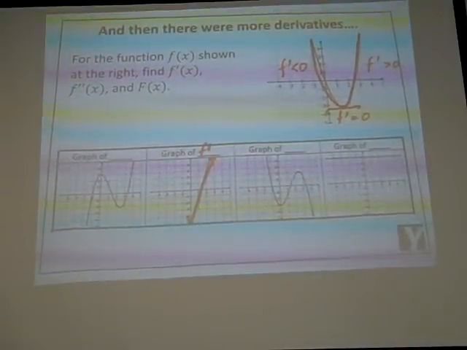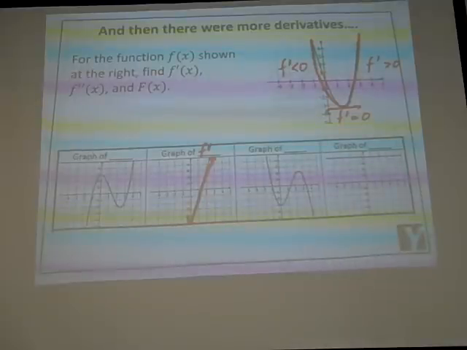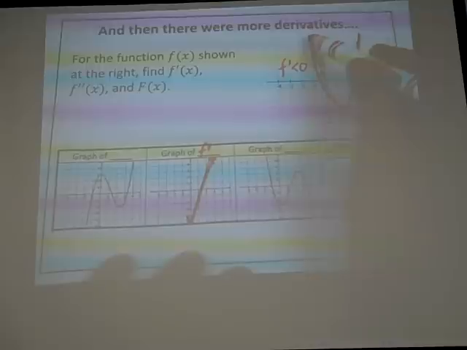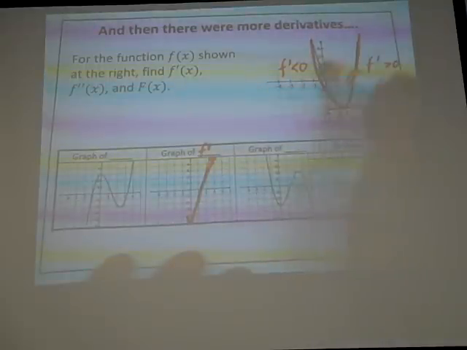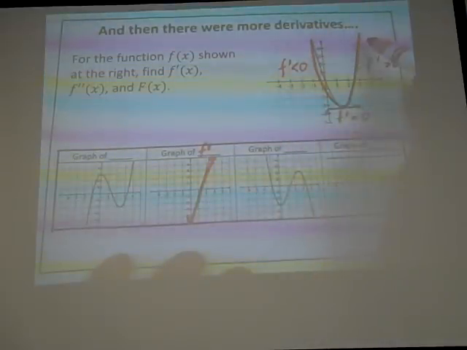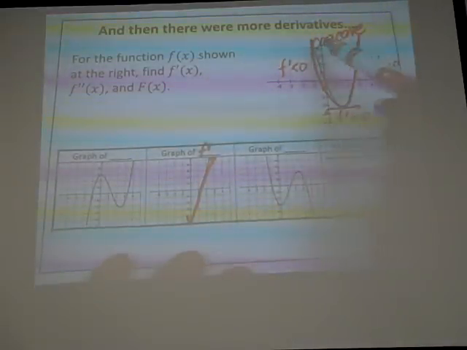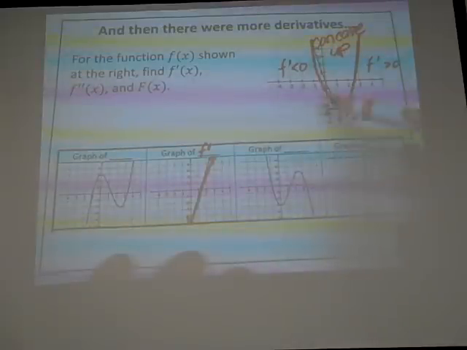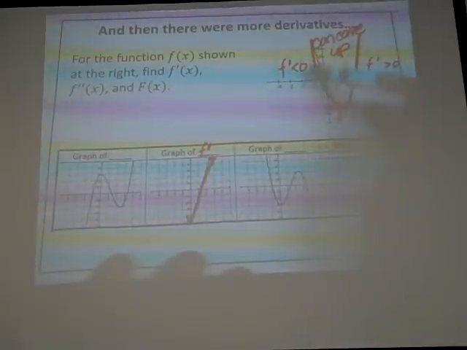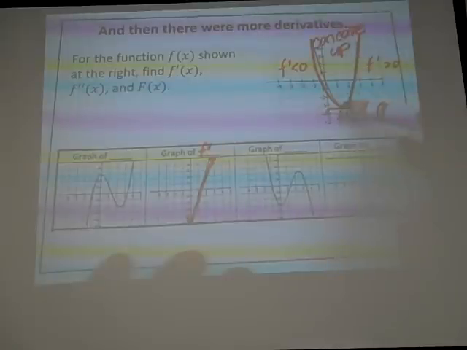Now, if I want to talk about f double prime, there's two ways we could go about doing this. We could look at the concavity of this graph. My original graph is concave up. It is a cup that will hold water. And what we know is that when a function is concave up, the second derivative is positive. So we could have that conversation.